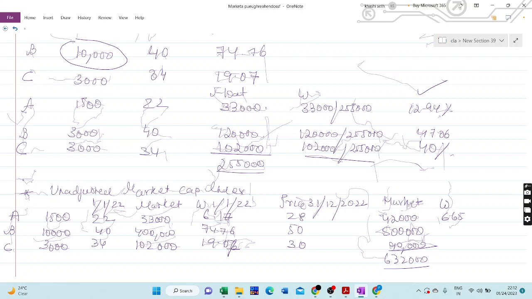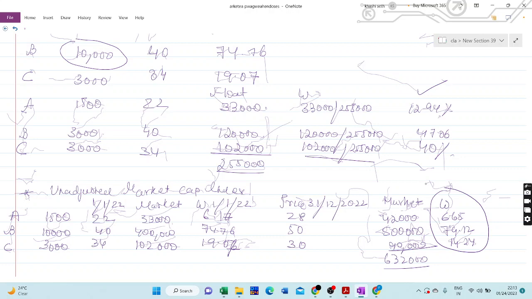Weight of stock B is 500,000 by 632,000, or 5 lakh by 6 lakh 32. 79.12. And last is 15.24.